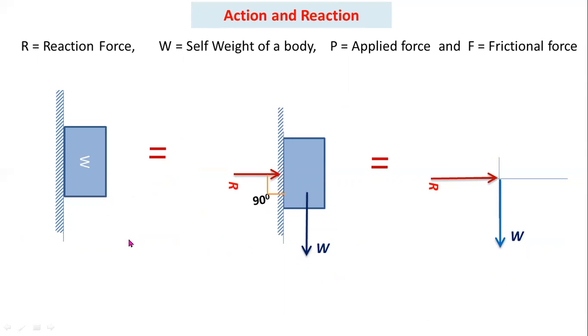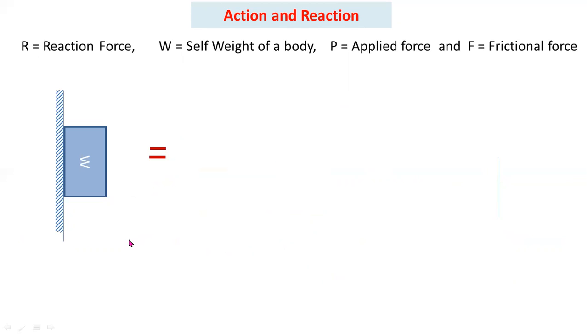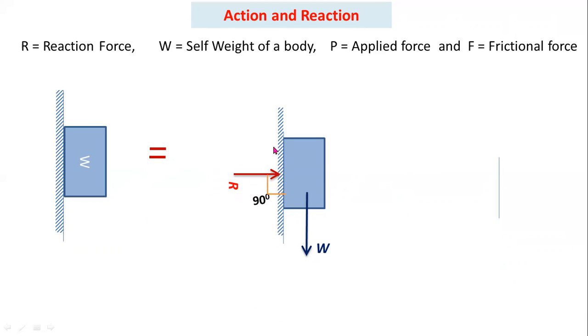Now here you can observe this is a vertical support. Here also the self weight W acts vertically downwards, and the normal reaction makes an angle of 90 degrees with respect to the support. Here the support is vertical, so you have to consider a horizontal reaction force.